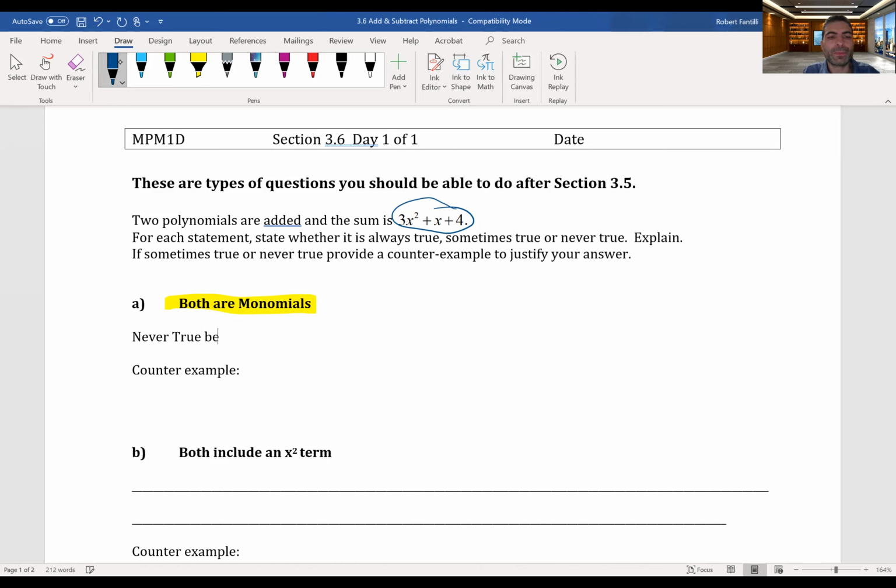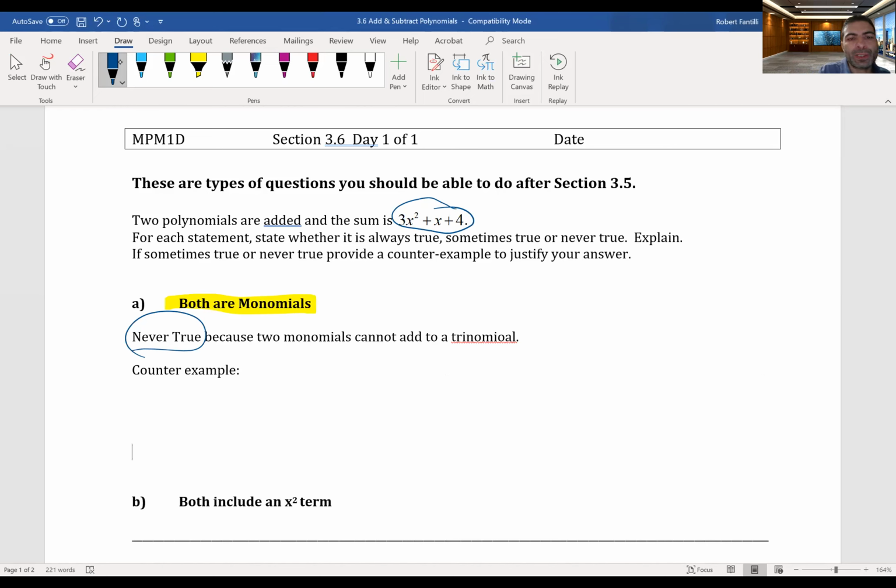Because two monomials cannot add to a trinomial, right? Two monomials, two single terms, can't add to three terms. So never true is what we're looking for. The counterexample, again, for example, 3x squared plus x does not equal 3x squared plus x plus 4.